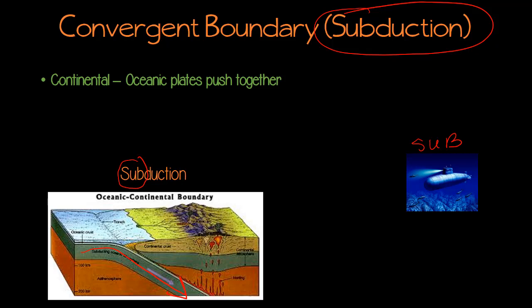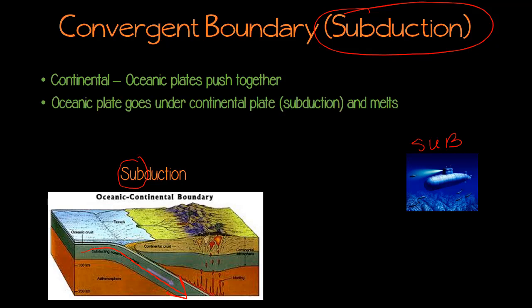And as that oceanic plate gets forced down, it gets hotter and hotter until it melts, and then that crust gets destroyed. At the same time, that continental plate can get squeezed up, and that's going to cause so much different geological activity.